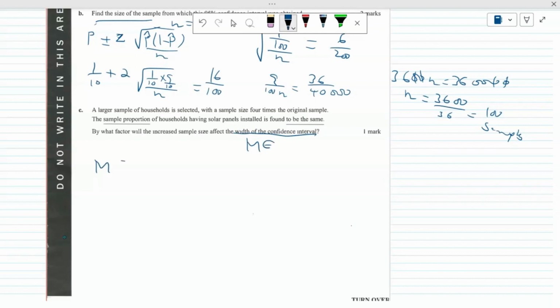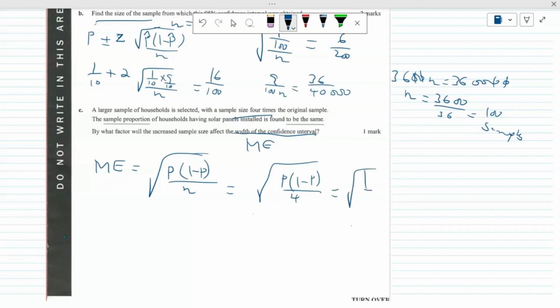And we know that the margin of error equals z times the square root of p hat (1 minus p hat) over n, but that n has been multiplied by 4. So that basically means p hat (1 minus p hat) over 4n. So that means the square root of a quarter times the margin of error, which equals a half.